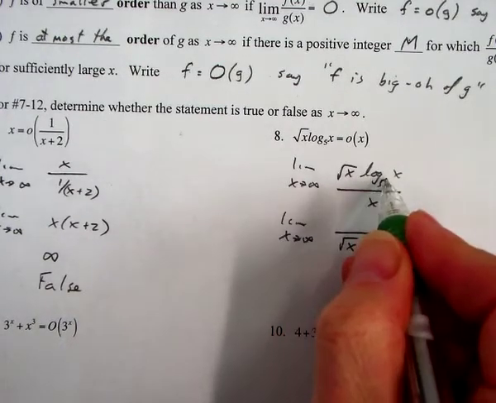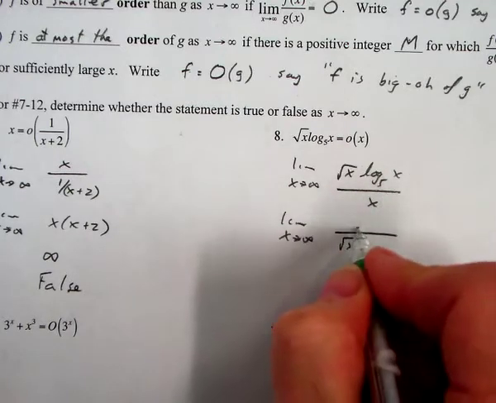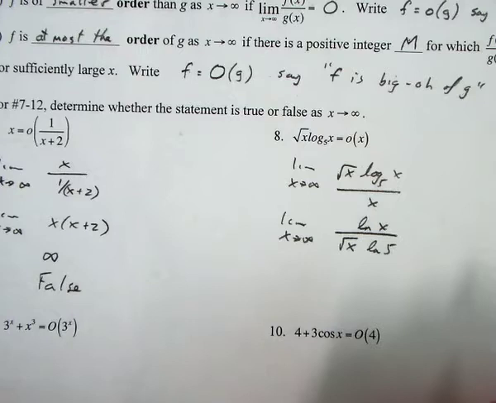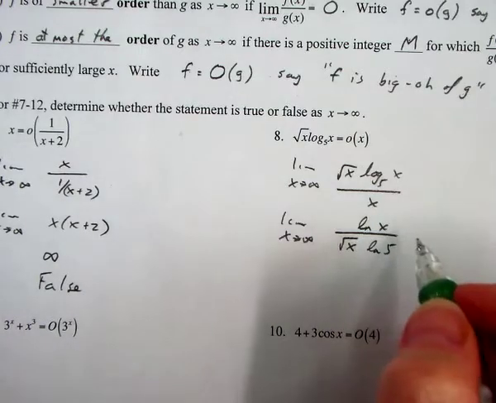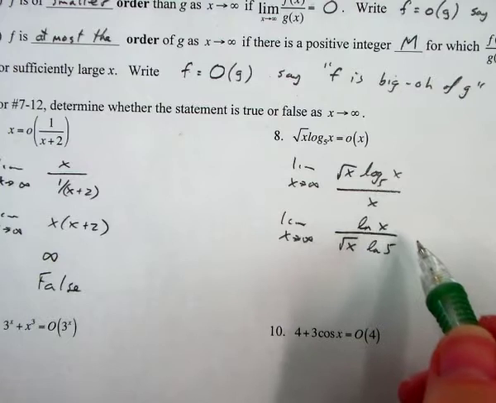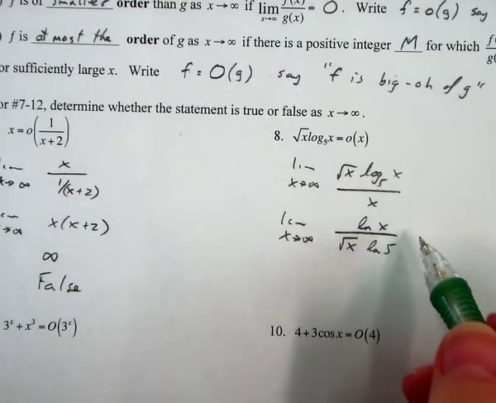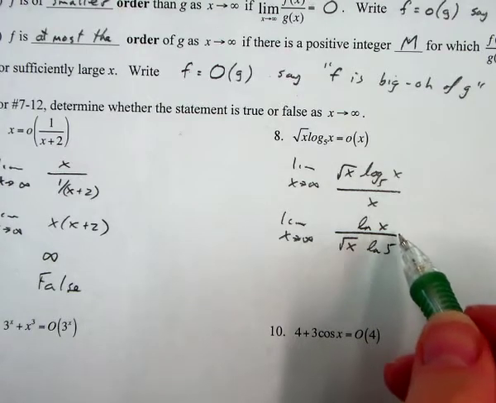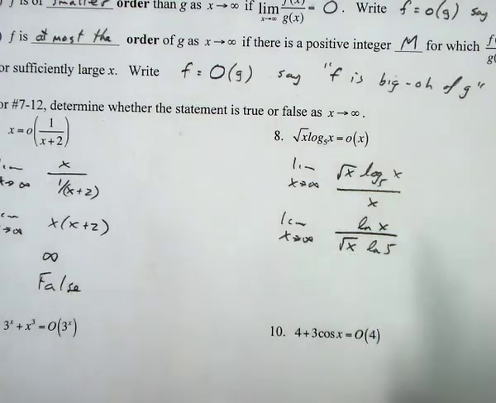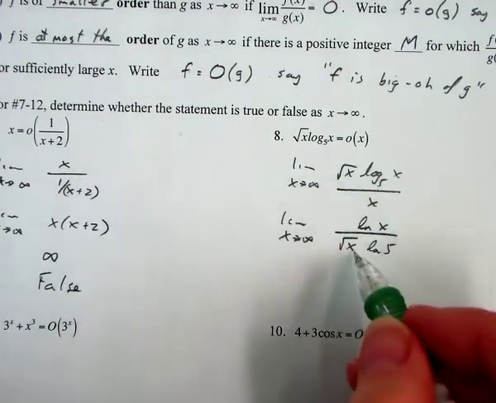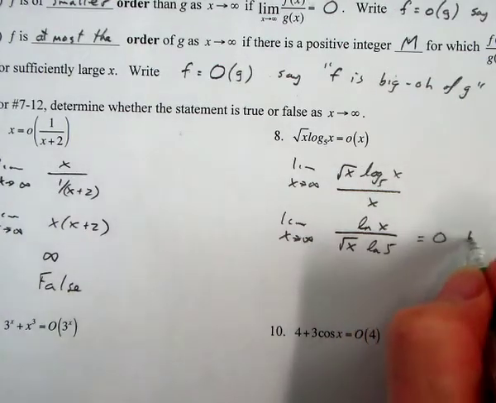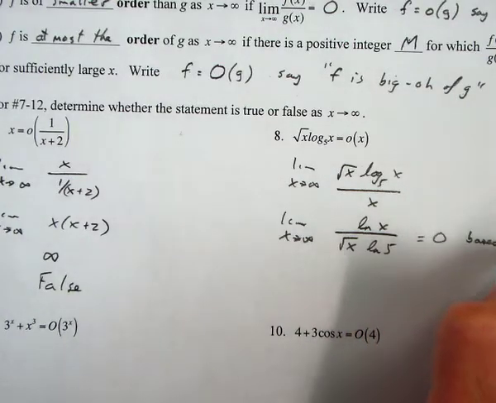And then log base 5 of x will be the natural log of x divided by the natural log of 5. Now, there's a couple ways we could go about doing this. If we were basing this on problem number 1, what is going to grow faster, log or this power function? Well, the power function is going to grow faster, so this is going to go to 0, based on number 1.